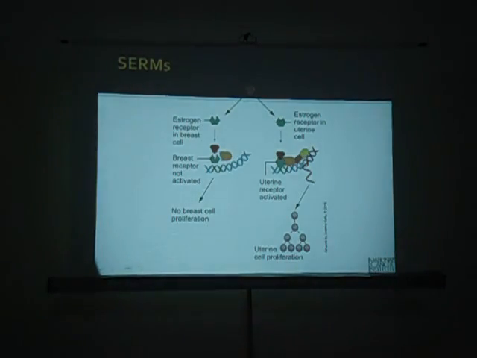Once it has been transported to the nucleus, the coactivators have worked out, and there is DNA binding and a tissue specific protein release which can be used in red cell production or any other action. Here you can consider it as estrogen, and here as a SERM. So a SERM can bind there. Estrogen receptors in the breast cell are not activated.